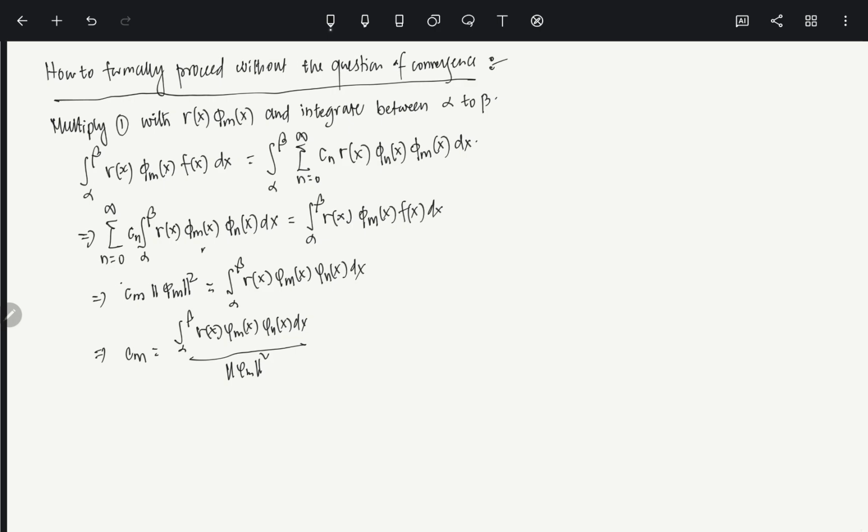Okay, so see, the thing is, if this operation, the first operation, the integral and the sum, if we can interchange that, so basically, when can we do it?